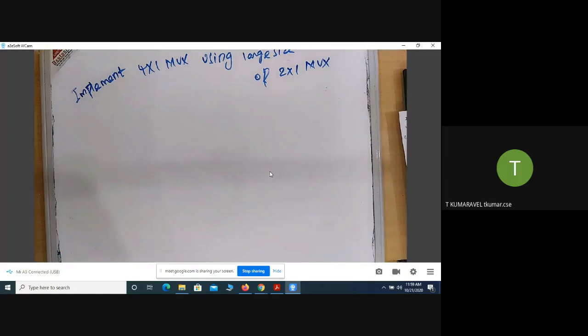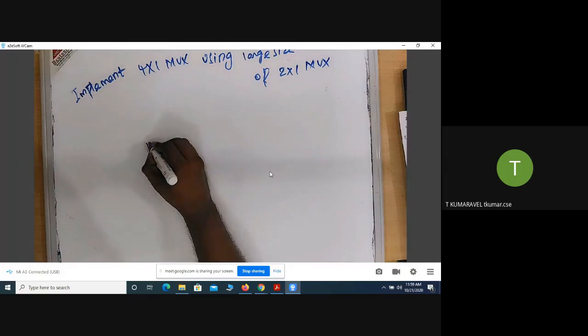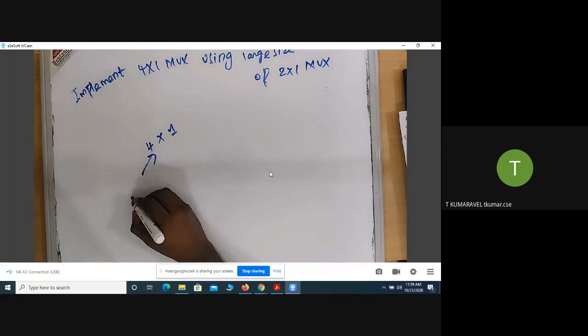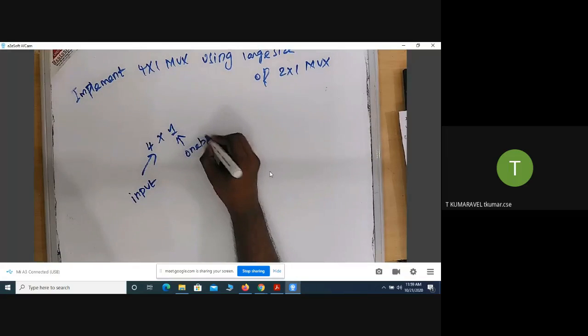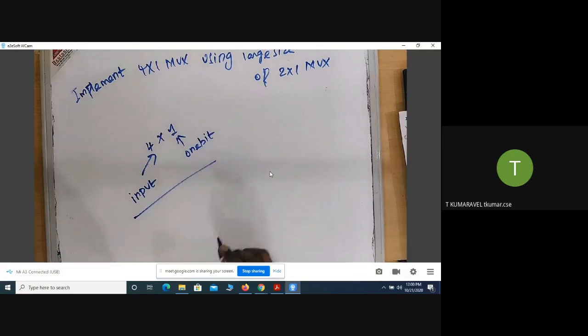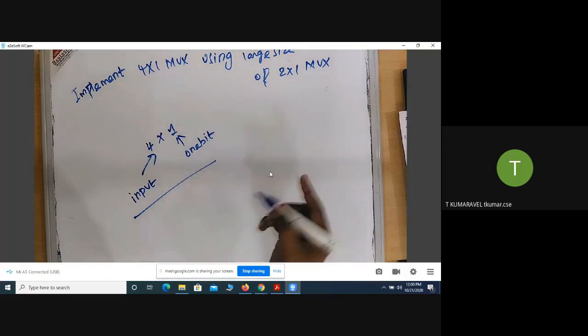What is the meaning of a 4 by 1 multiplexer? It's going to take 4 bits as input, and then it's going to produce output as a 1 bit. The same functionality I'm going to implement using n number of 2 by 1 multiplexers.